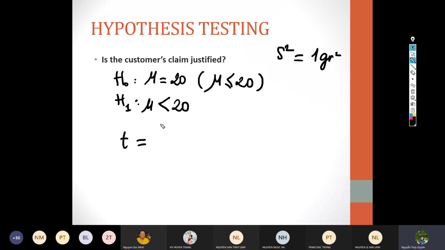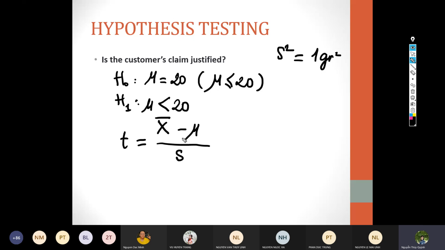The formula, as we know, is x bar minus mu, divided by s over root n. But in this case, for the null hypothesis, we will assume that the null hypothesis is true until we can prove that it is rejected.